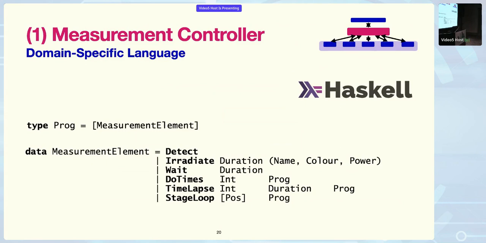A program is defined as a list of measurement elements, and these measurement elements are like the software requirements. So we have detection to activate the camera to take a picture. We have irradiation, which will activate the light source at a certain color for a certain duration. We can wait for a couple of seconds. We can repeat the program.